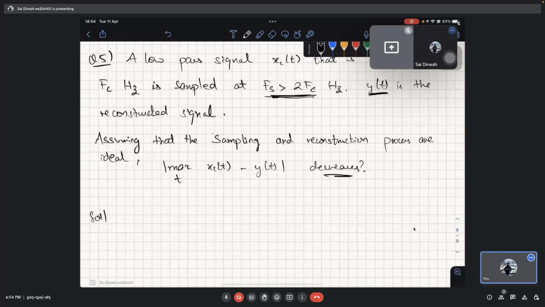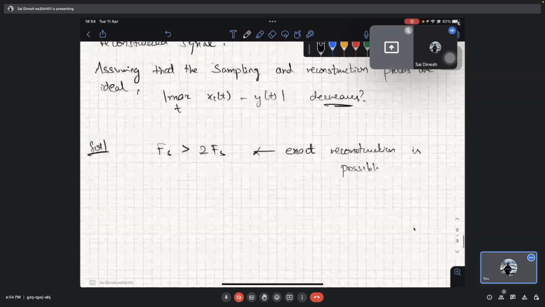So you know that if fs is greater than 2fc, exact reconstruction is possible.